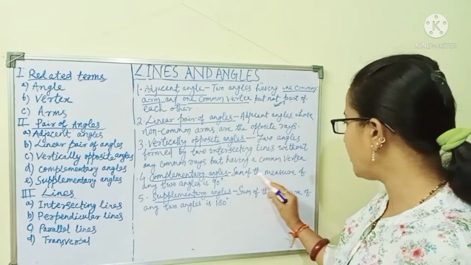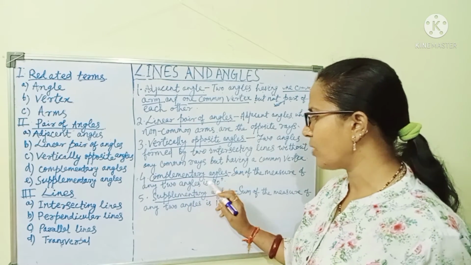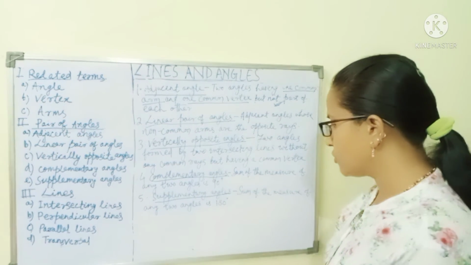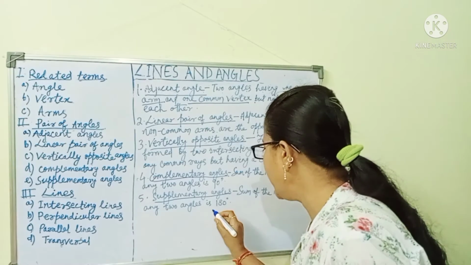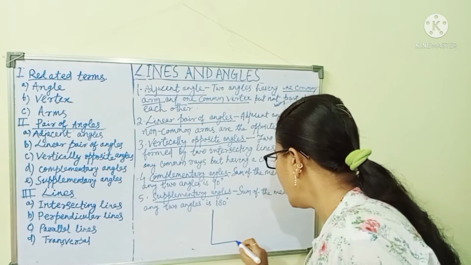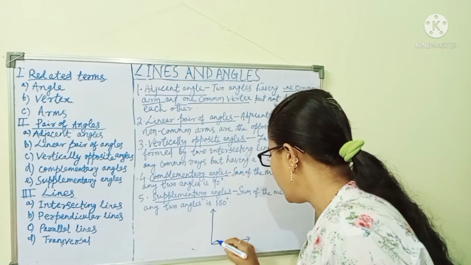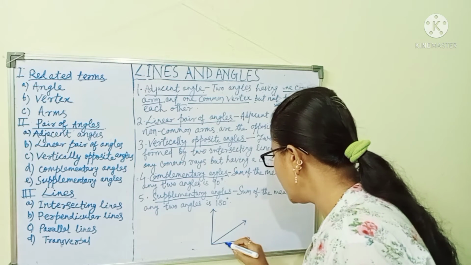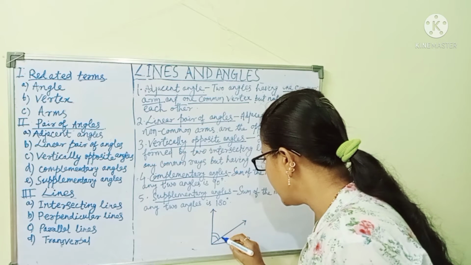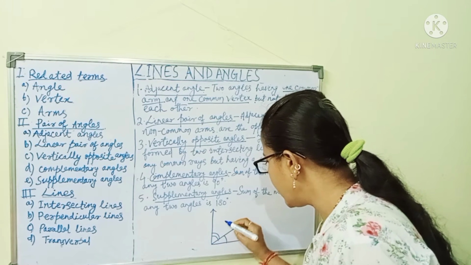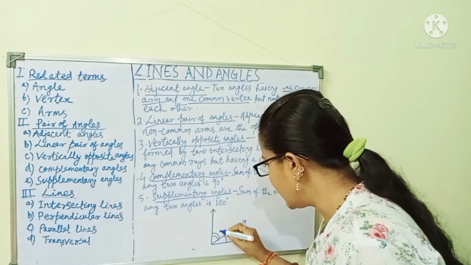Complementary angles: the sum of the measures of any two angles is 90 degrees. So how will the figure be? If I draw a 90 degree angle and divide it into two angles, this angle is complementary to this angle.